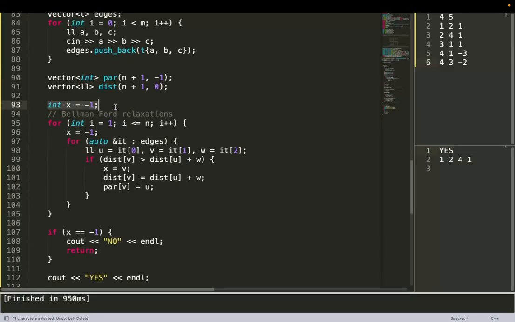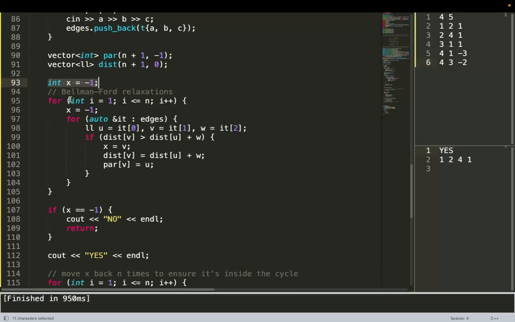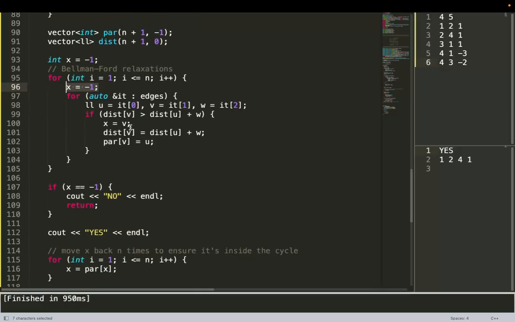Then I initialize my x to minus 1 and do n iterations. Why I am initializing this x, you will understand. After every iteration, I re-initialize my x to minus 1, go over all the edges and perform the relaxation. So u is the first node, v is the node where this edge takes me, and this is the weight. Now see, I haven't kept the condition whether distance of u is not equal to int max.